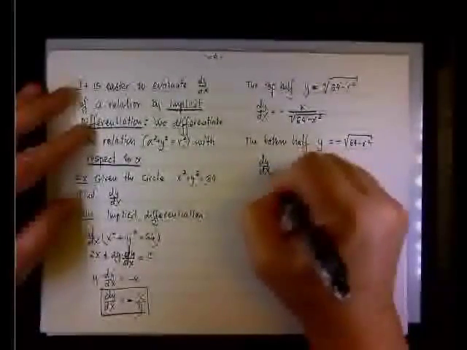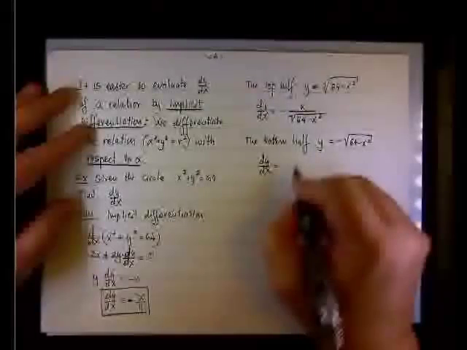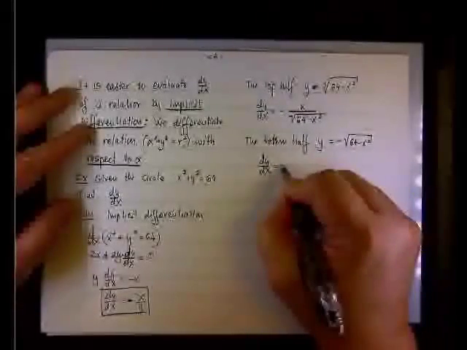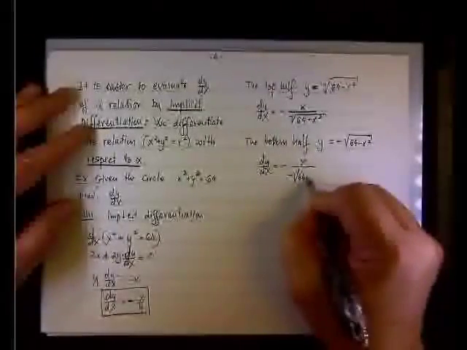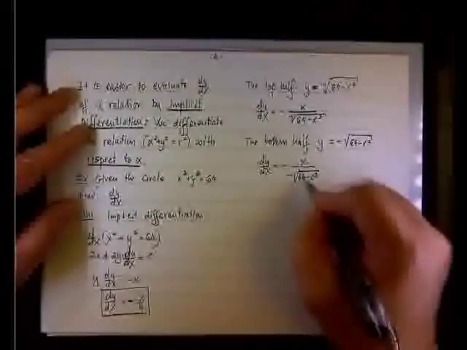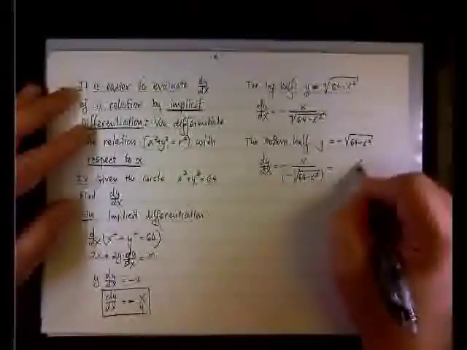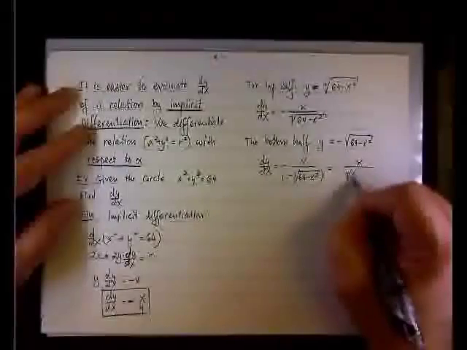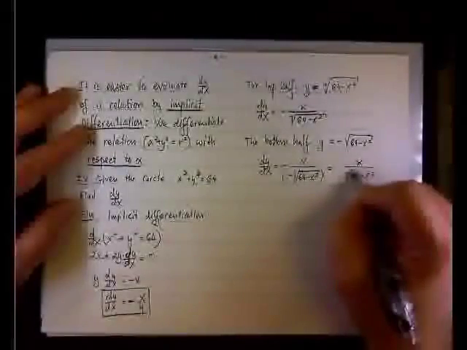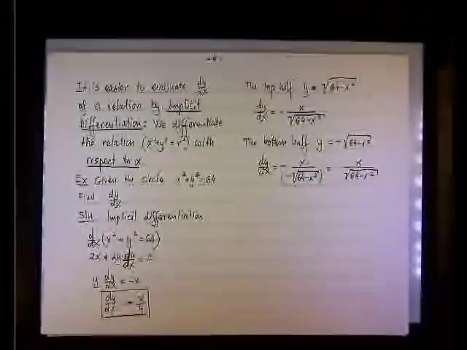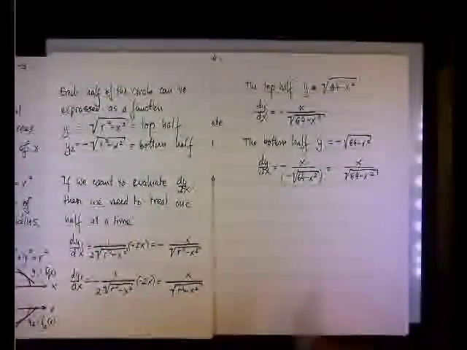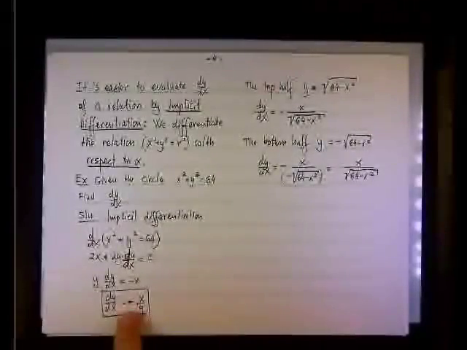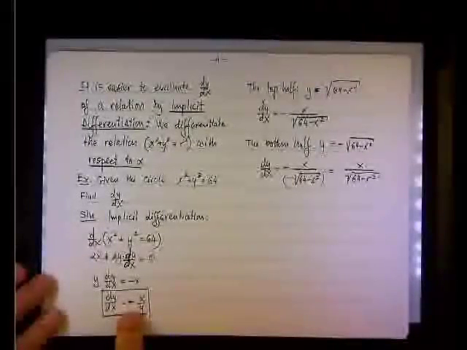So for the bottom half, dy/dx will be negative x divided by negative square root of 64 minus x squared, and because of the double negative, we end up having positive x over the square root of 64 minus x squared. And this conforms to the result we obtained before by doing explicit differentiation. All right? But notice how much nicer it is to write the derivative in this form.